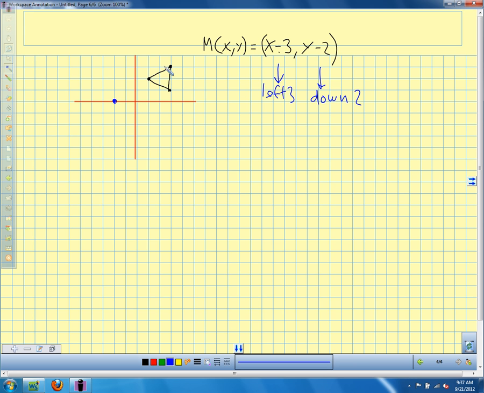Take this one, go left 1, 2, 3, down 1, 2. Take this vertex, left 1, 2, 3, down 1, 2. And there's my new triangle. I've taken it left 3 and down 2 to get to the new position. So if I want to draw a translation, this would be how I would draw it.